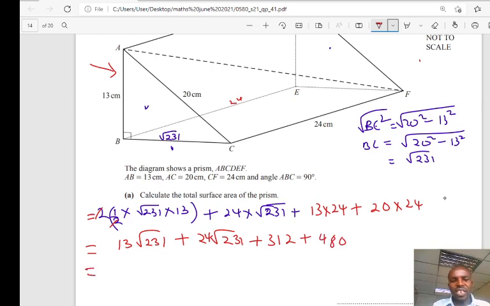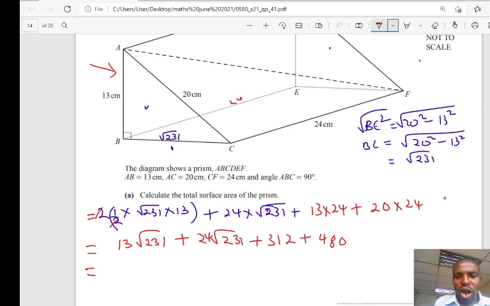Now add everything: 13 root of 231 plus 24 root of 231, plus 312, plus 480.